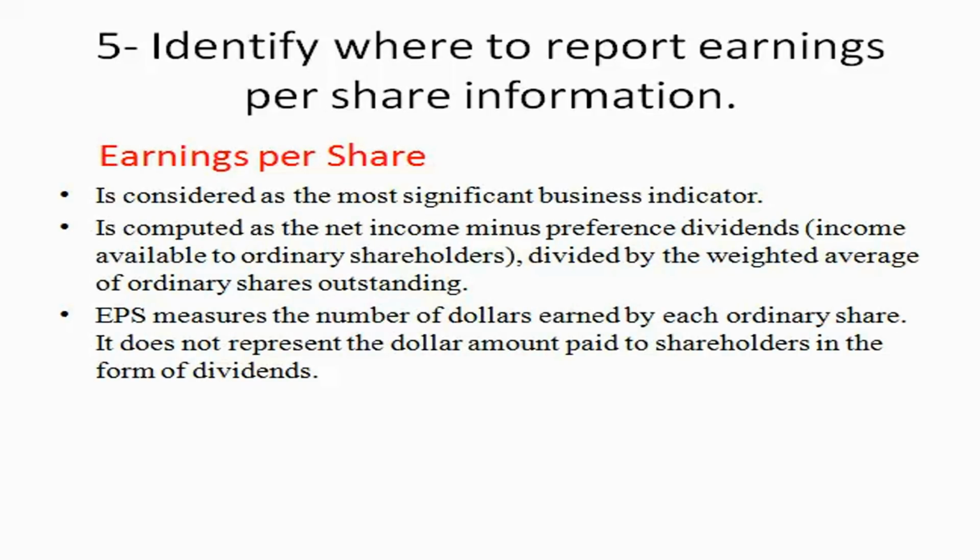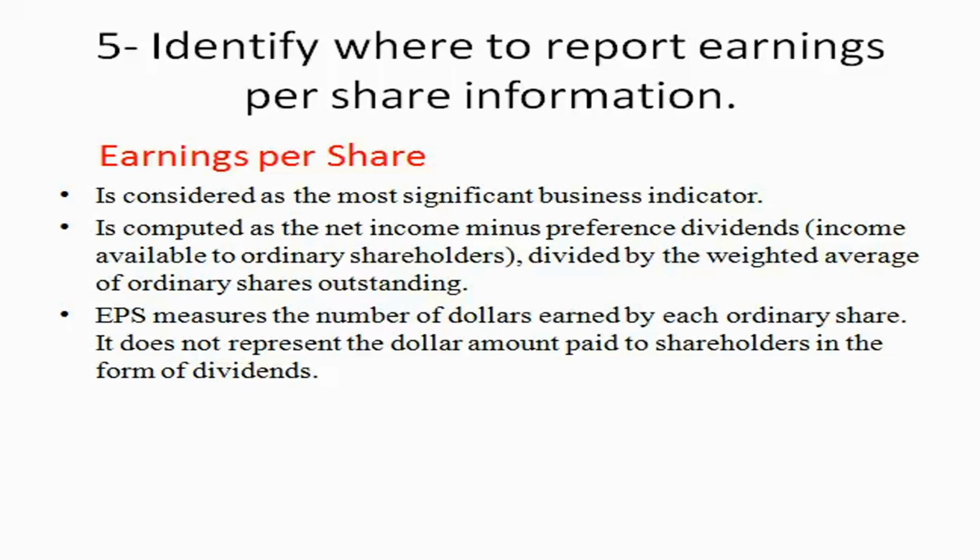The fifth objective is identifying where to report the earnings per share information. What is earning per share? The earning per share is considered as the most significant business indicator. It is computed as the net income minus the preference dividends, divided by the weighted average of the ordinary shares outstanding.